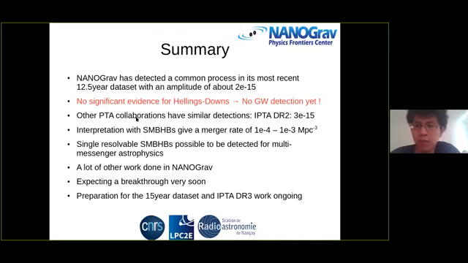You can interpret this with massive black hole binaries to get a merger rate between 10⁻⁴ and 10⁻³ per megaparsec cubed. We're looking for possible individual black holes that could then also be used for multi-messenger astrophysics. A lot of work is done in NANOGrav. We expect to have a breakthrough soon, and we're working on the 15-year data set and the next IPTA combination. Right, thank you very much.